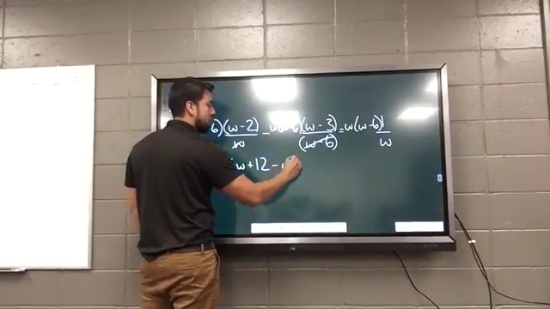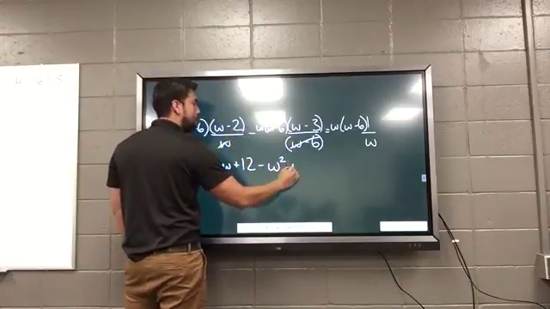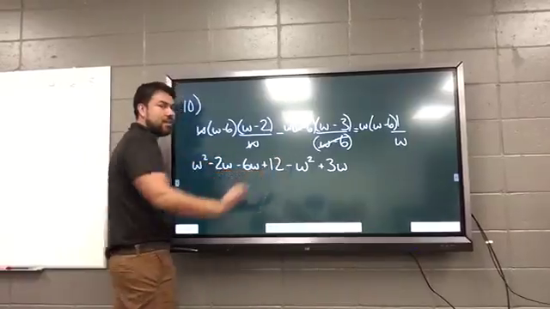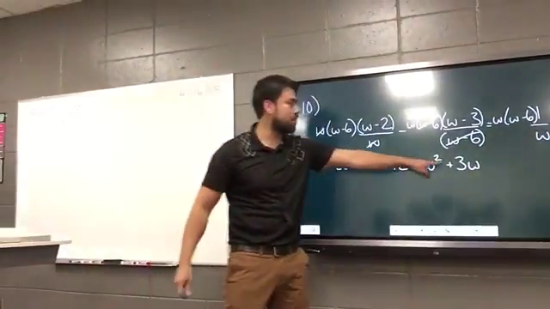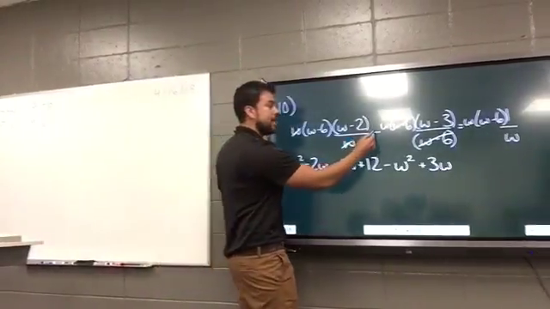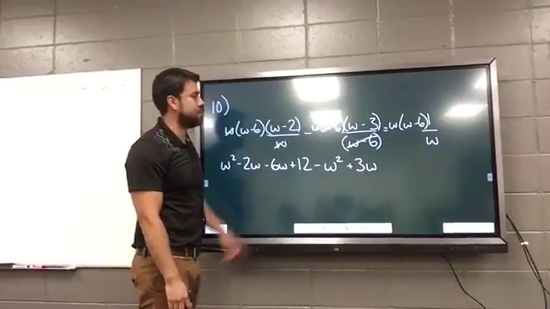Negative W squared. What's negative W times negative 3? Positive 3W. If you change that sign to negative, the answer is going to be wrong. That sign right there, mess it up. Because it's negative W times negative 3. Be careful with those signs.